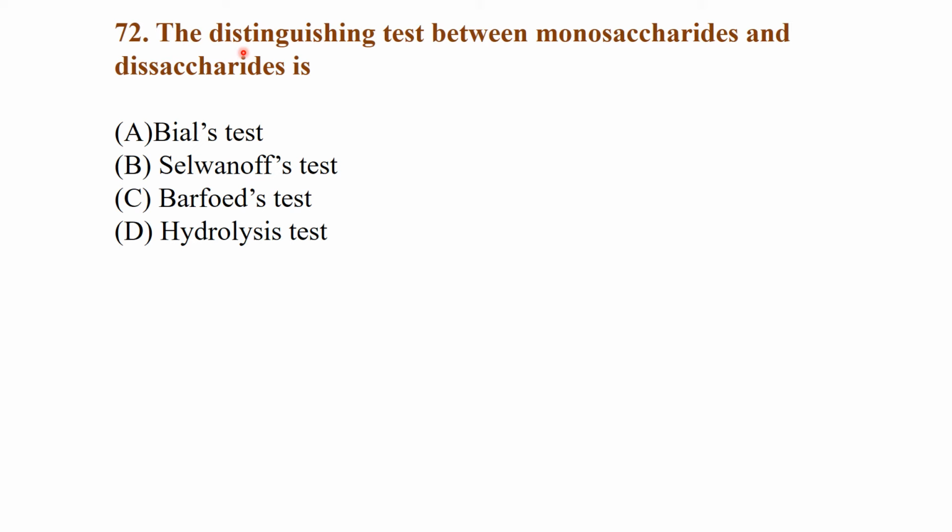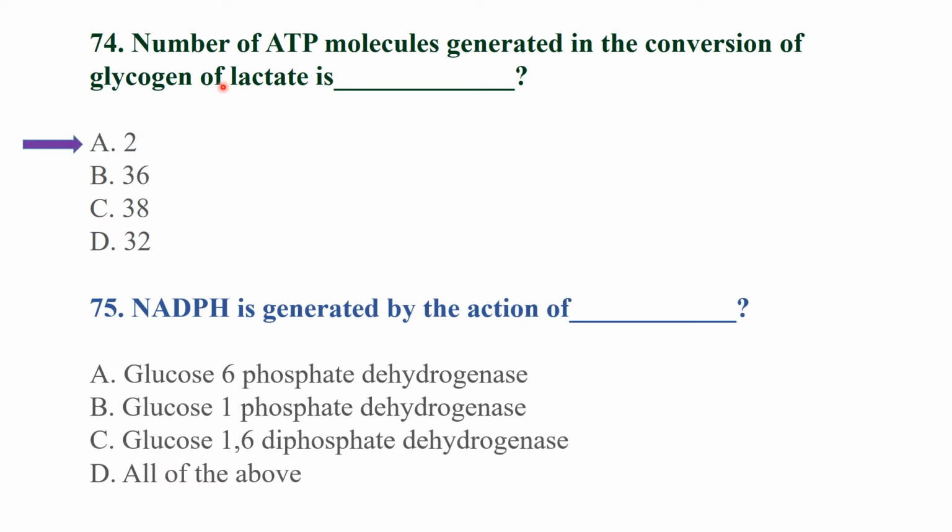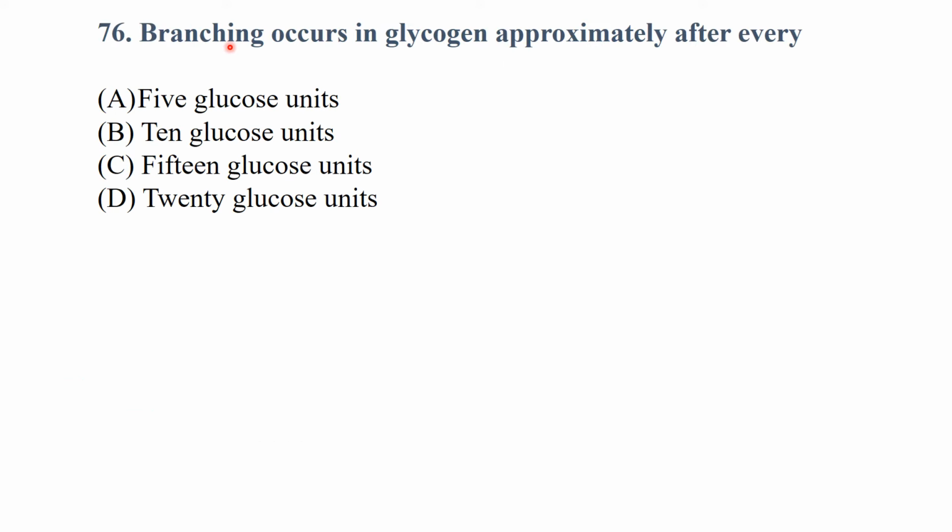The distinguishing test between monosaccharides and disaccharides is Barfoed's test. Number of ATP molecules generated in the conversion of glycogen to lactate is 2. NADPH is generated by the action of glucose 6-phosphate dehydrogenase. Branching occurs in glycogen approximately after every 10 glucose units.